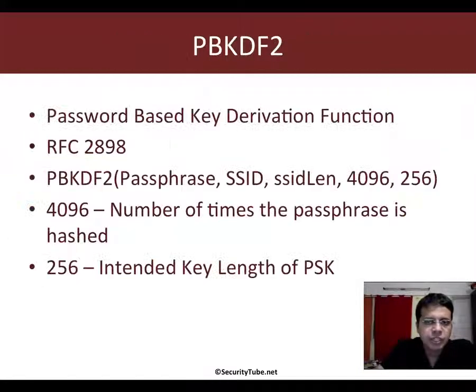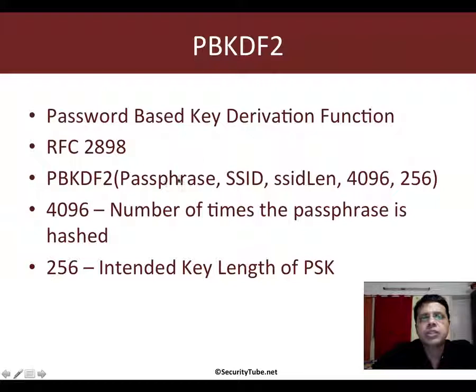So coming to the function, what is it all about? PBKDF2 is the password-based key derivation function, and it has been defined in full detail in RFC 2898. I will not get into the exact details of how this hashing function works, but very simply put, it takes in 4 inputs.